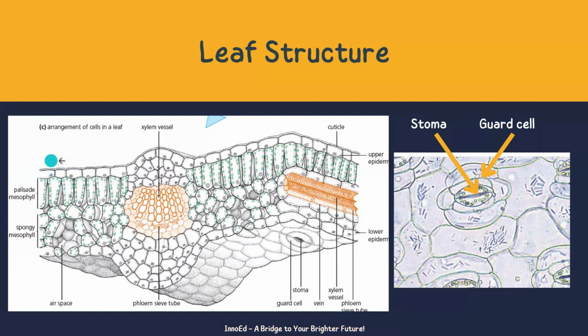Let's look at the uppermost part of the leaf, which is the cuticle. Cuticle is actually not a cell layer. It is simply a wax layer. The cuticle wax is secreted by the upper epidermis cells.